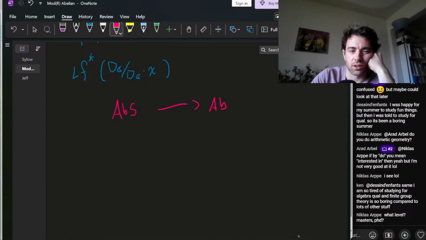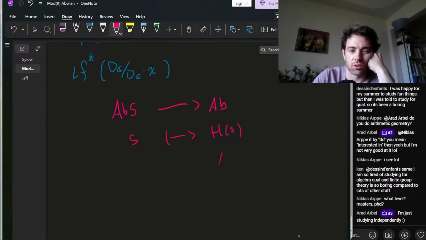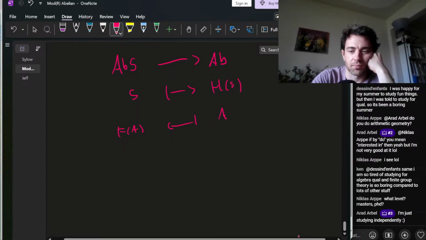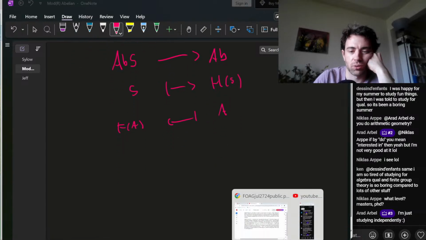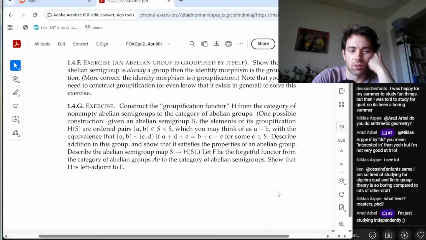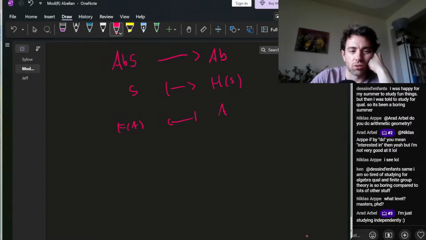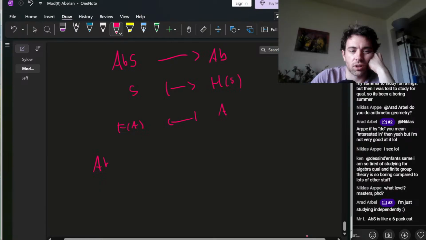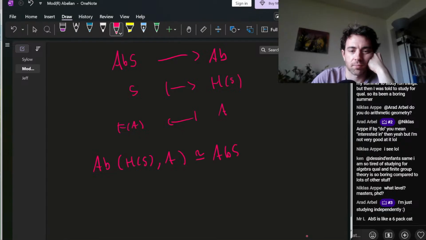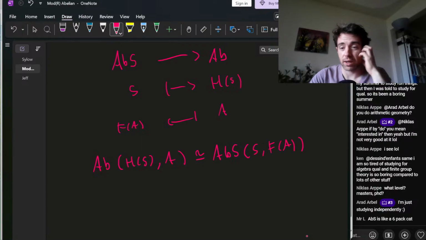And we'll send some semigroup to HS, and then conversely, we'll send some abelian group to the forgetful functor. And we want to, wait, which one is the left adjoint? H is the left adjoint, so we want to provide a natural isomorphism here. Yeah. Okay.